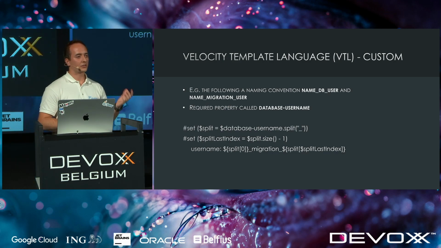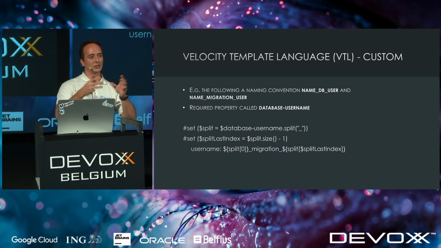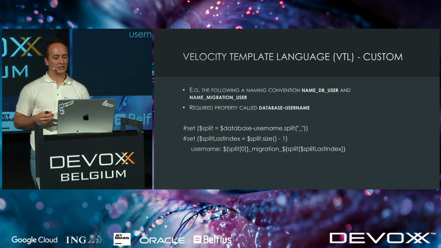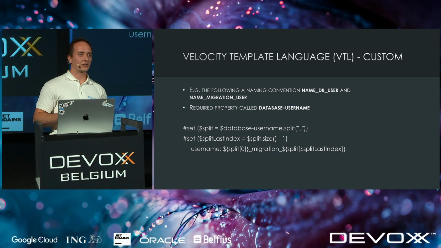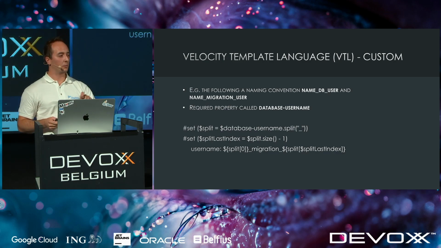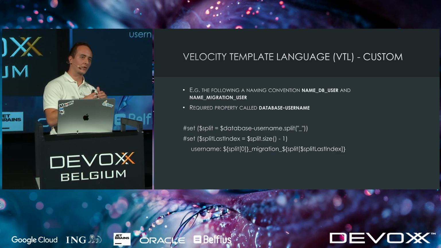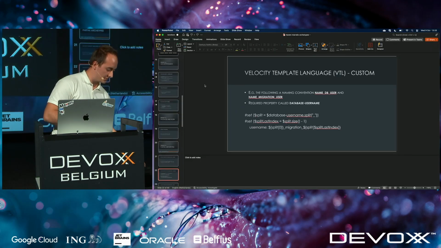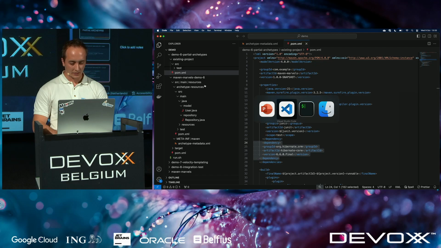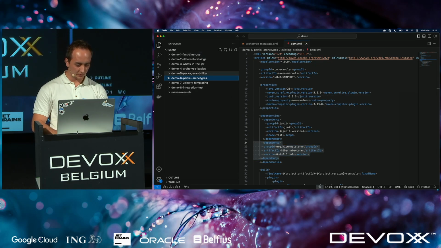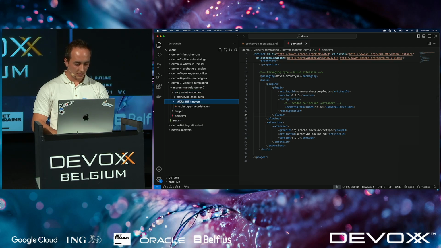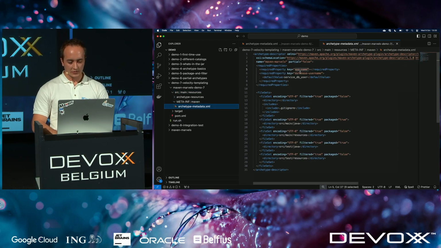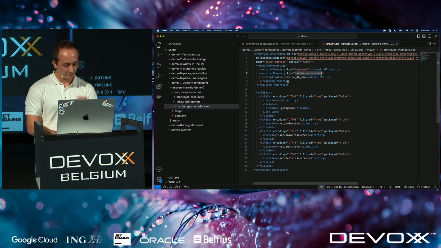And the Velocity Templating Engine has its own kind of language, which is called the Velocity language, I guess. But you can actually define pretty complex functions with it. So, for example, if I go to this project, demo 7, you'll see that I have defined a database username.